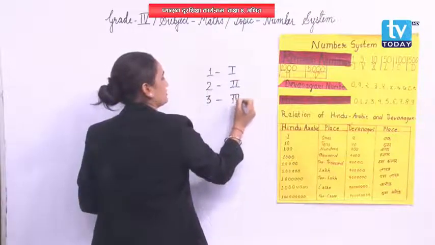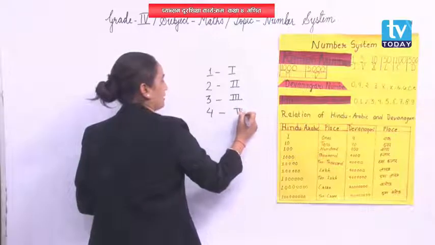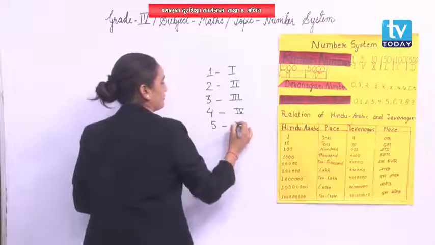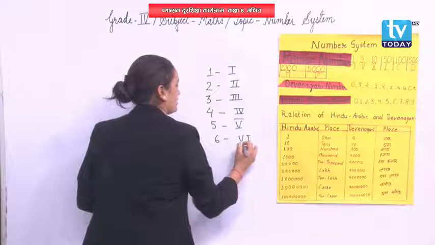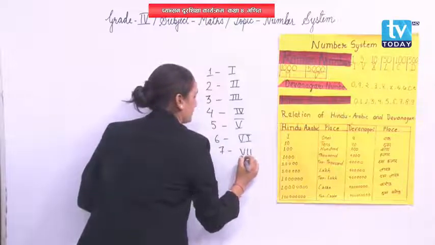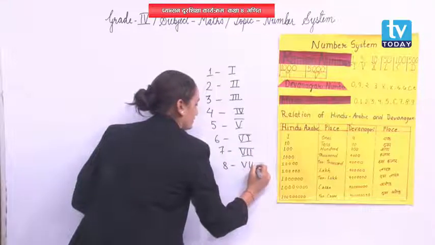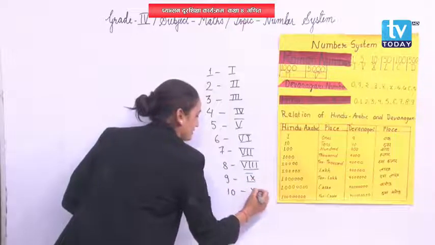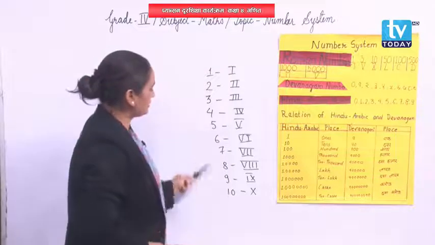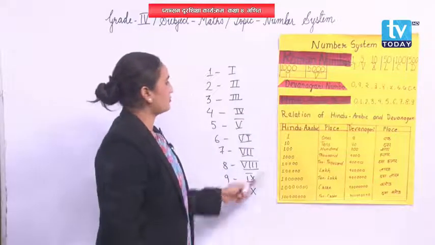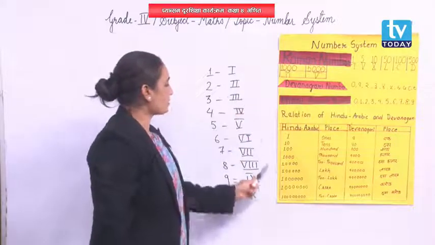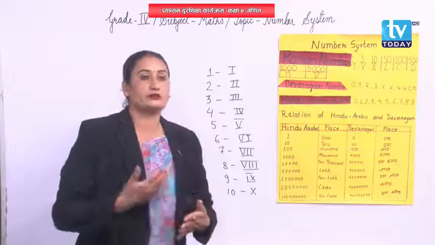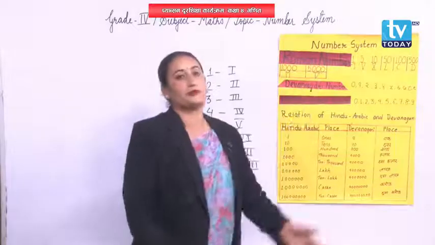3 is three times I. 4 is IV, right? 5 is V, 6 is VI, 7 is VII, 8 is VIII, 9 is IX, and 10 is X. With the help of this combination of the Roman numerals I have written over here, we can go on writing 11, 12, 13, continuing up to 5000.